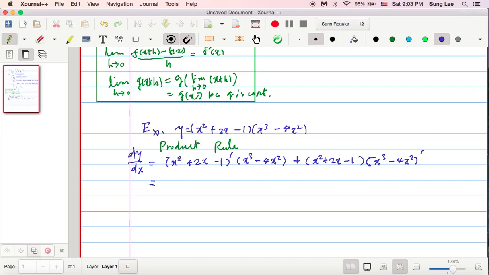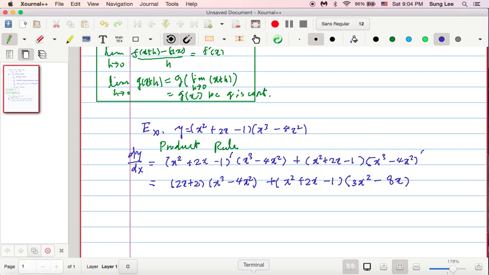The derivative of the first part is 2x plus 2, and negative 1 is a constant, so it becomes 0. That's multiplied by x cubed minus 4x squared, plus x squared plus 2x minus 1 times 3x squared minus 8x. The 2 comes down, 4 times 2 equals 8, so 8x.